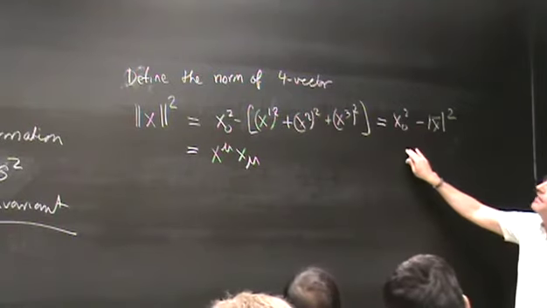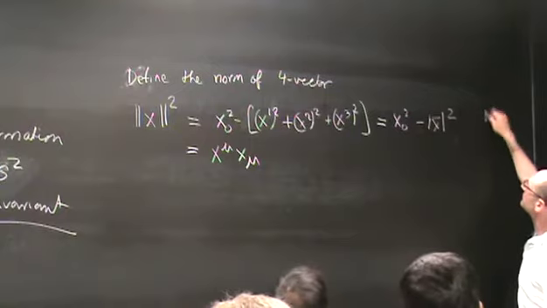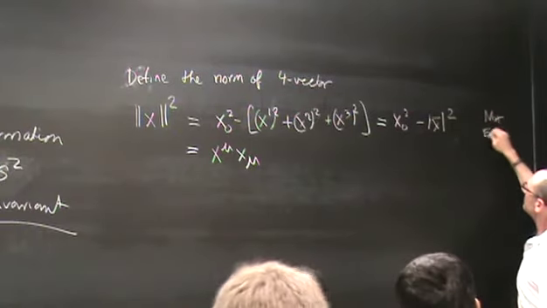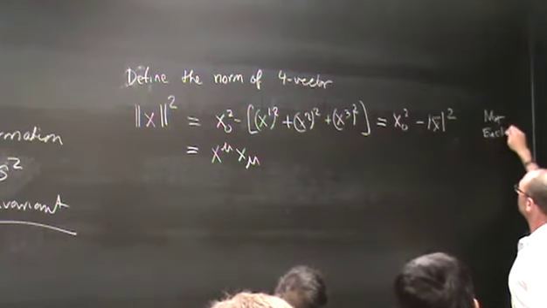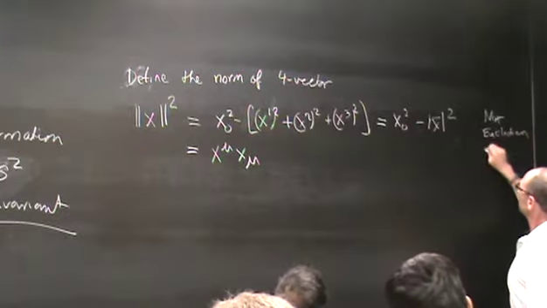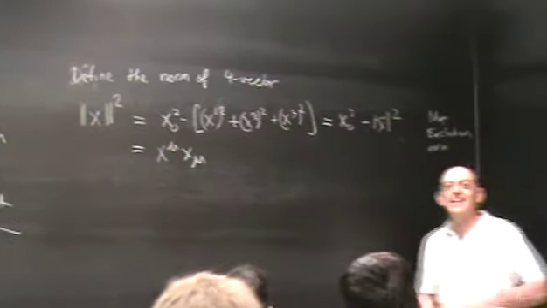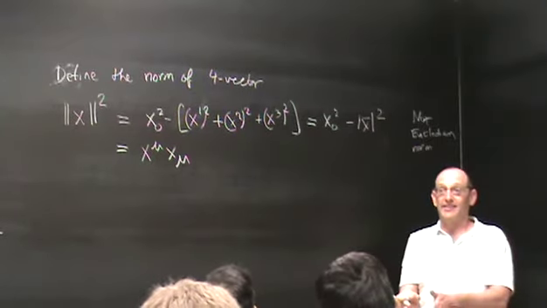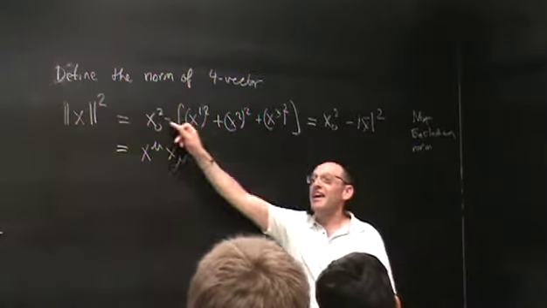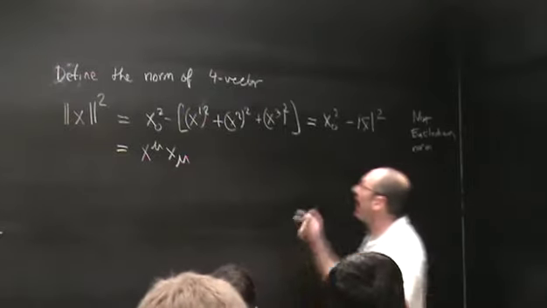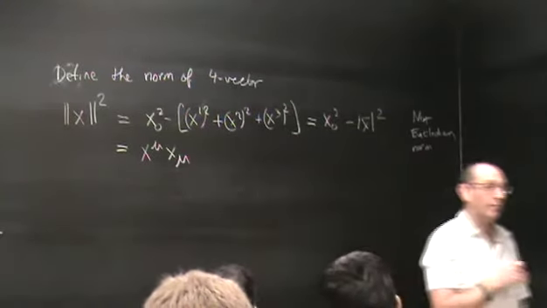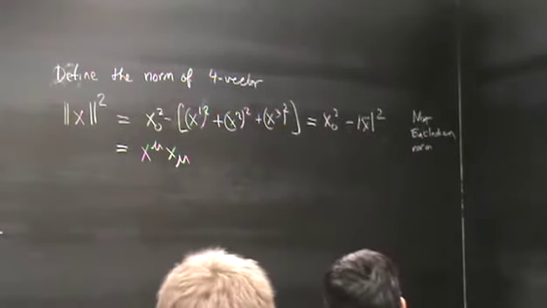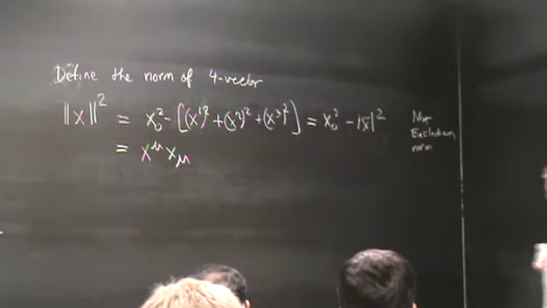So it's not the Euclidean norm, which, of course, in Euclidean space, you take the sums of the squares of the coordinates. Here, some of those have negative signs in it. This is a Minkowski norm for Minkowski space.